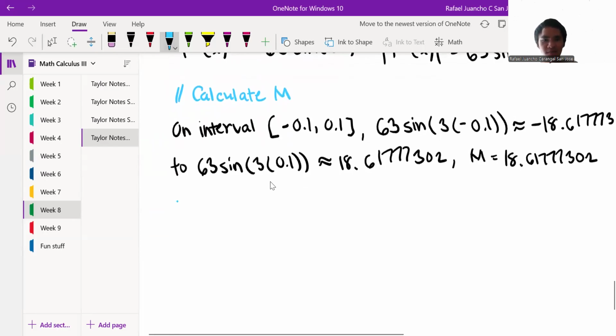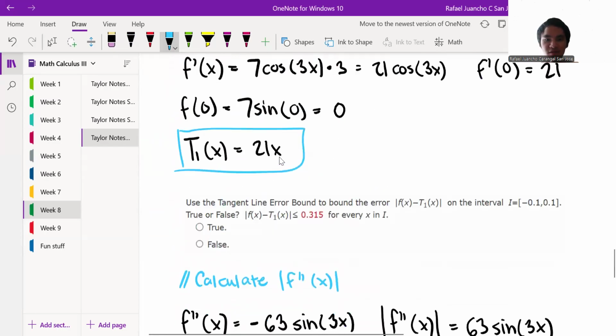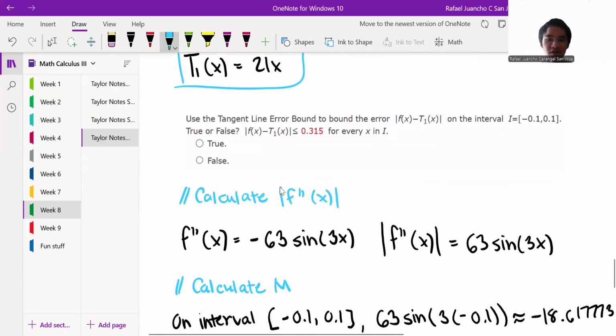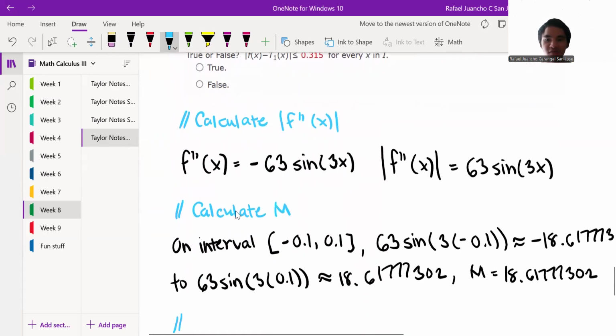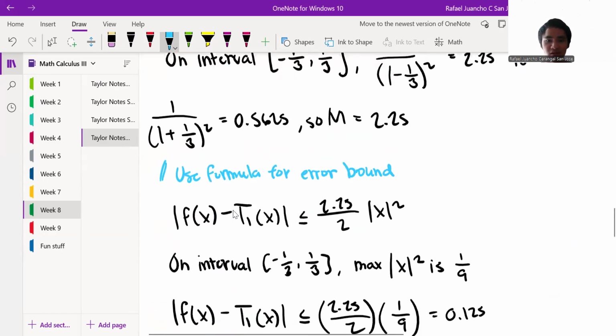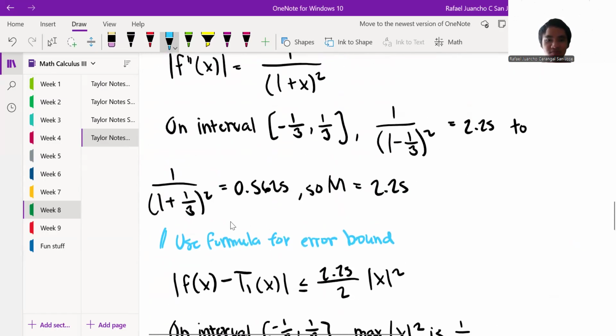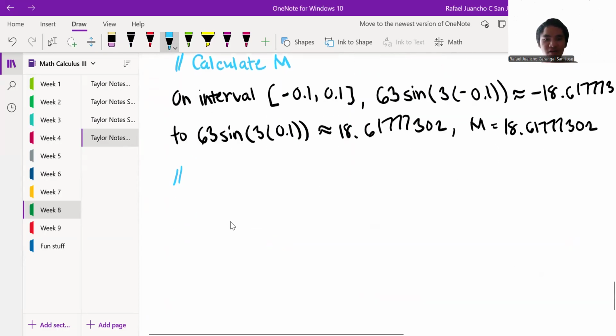Great, so that's M. That's the first step in calculating this. We want to find the absolute value of my derivative, find M. Then after finding M, we use the formula for that error bound.